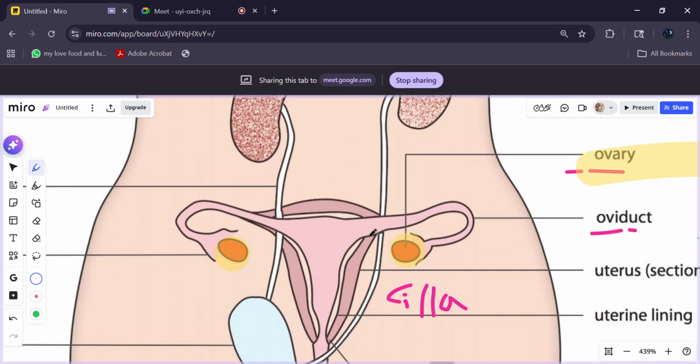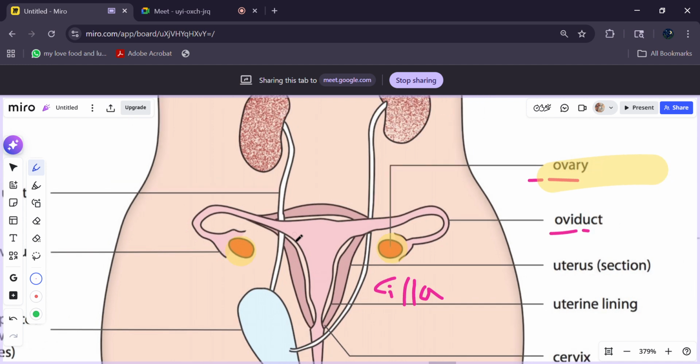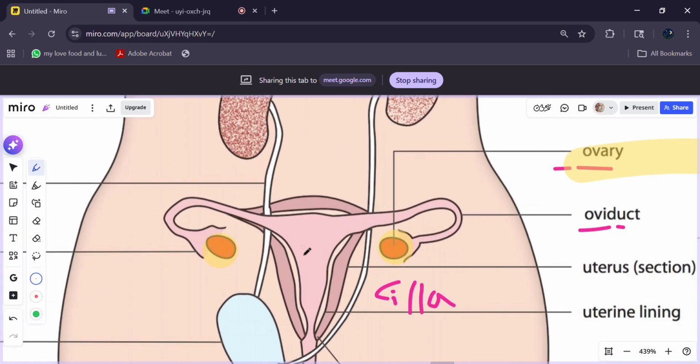The uterus is shaped like an upside down pear. I don't really see it. To me, it's shaped more like a funnel. But according to this book, it says that the uterus is shaped like an upside down pear.